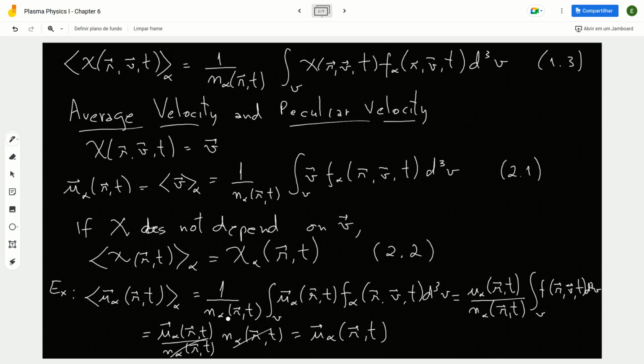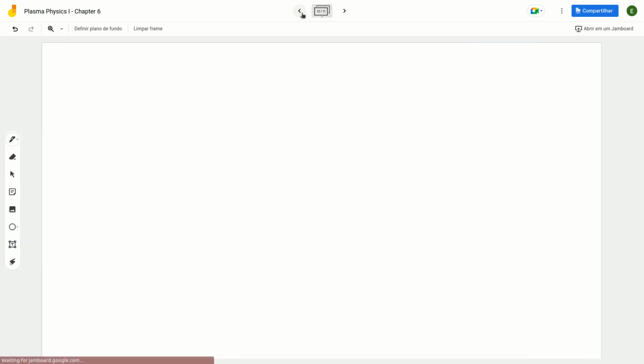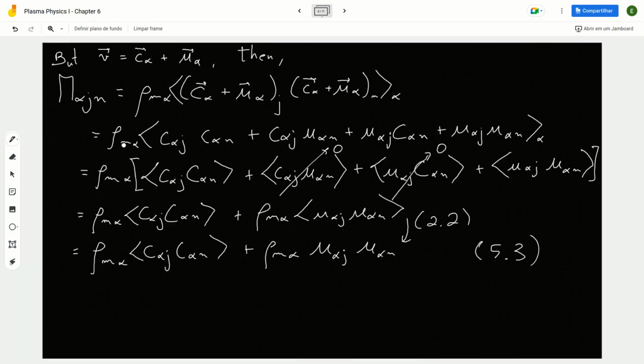So we have 1 over n, integral of u alpha times the f. This quantity can be written like this. The only difference is that I added a j component here. So that's correct. Okay, this is by here, and this is by definition u. All right, so we have the expression for each component of the flow tensor.